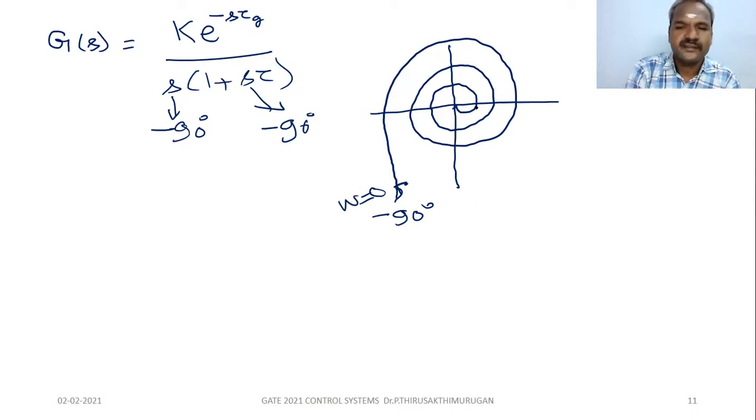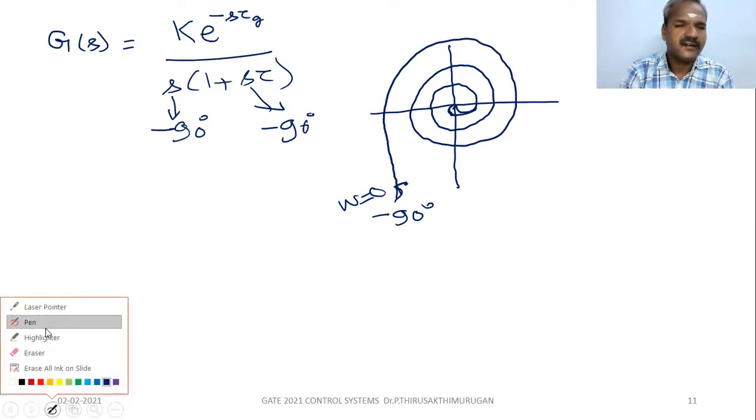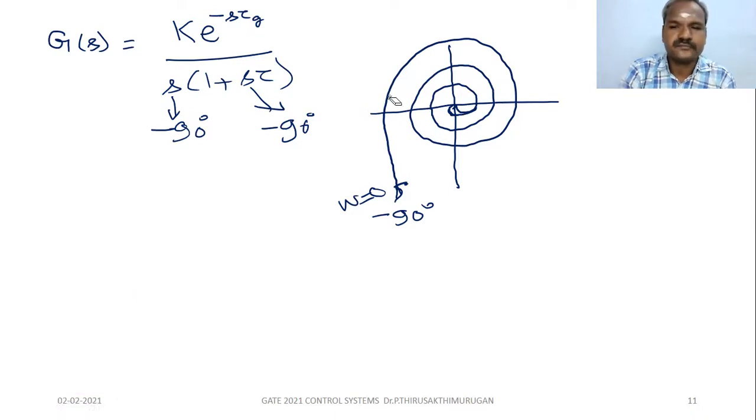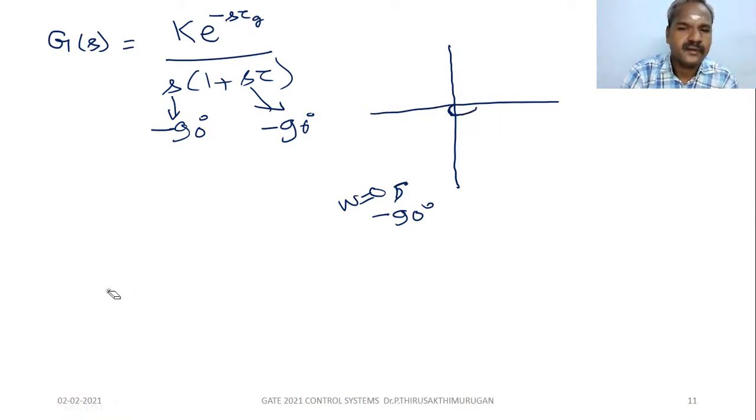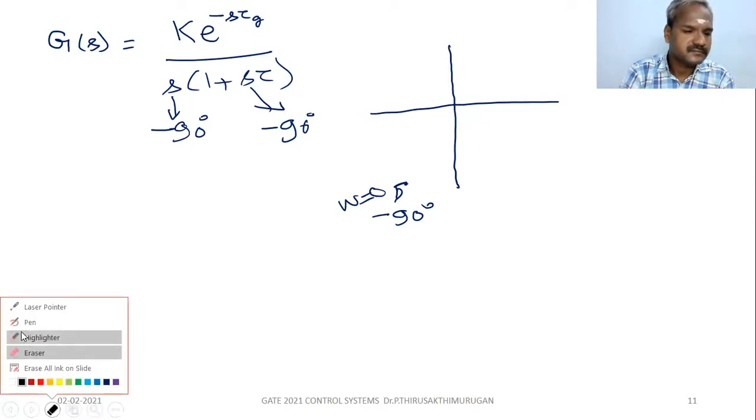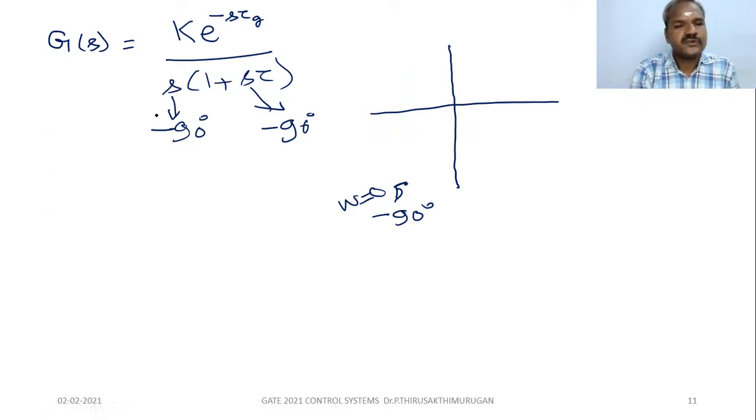No, sorry, this should end here, because if you see, let us substitute s equal j omega. Where is the phase angle? This minus this contributes one angle. Already one lag is there, so it should end at this point only.